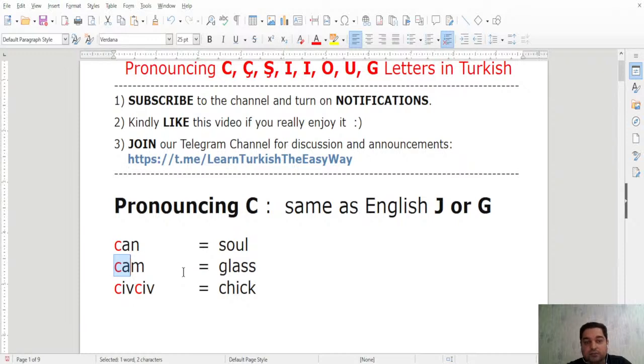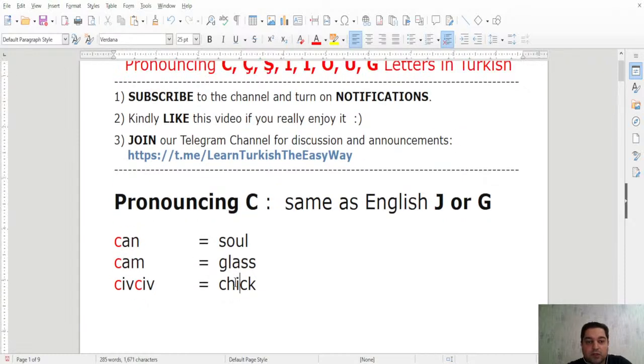Okay, J, jam. So you see, normally the letter itself in the alphabet is called J, but when you get the letter A, for example, which is a hard vowel, right, it becomes Ja, right? Jam. The third example is cıvcıv. It's the baby of a chicken, right?